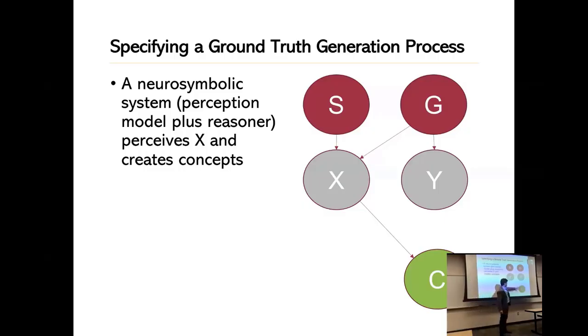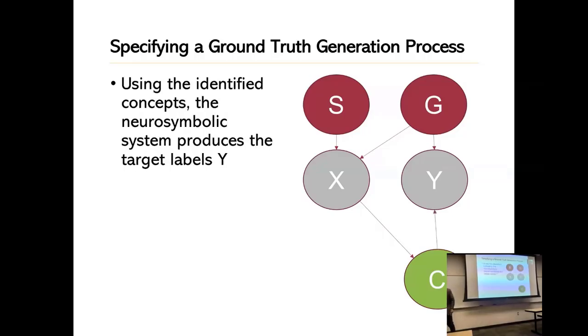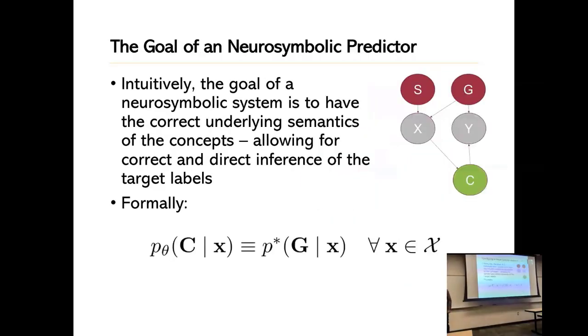Going from X to C, this is where the perceptual part of the neural symbolic system comes into play. And the neural symbolic system then uses C to deduce Y. So the goal of such a system is to have a correct understanding of the underlying semantics and allow it to infer the target label.